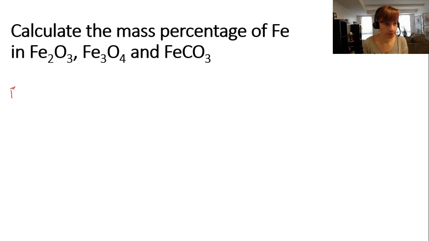So if we are looking at Fe2O3 as our first one. Whenever a question asks you to calculate the mass percentage, you can safely assume, and this will make your calculations much easier, that you're starting with 100 grams. So we're starting with 100 grams of Fe2O3.